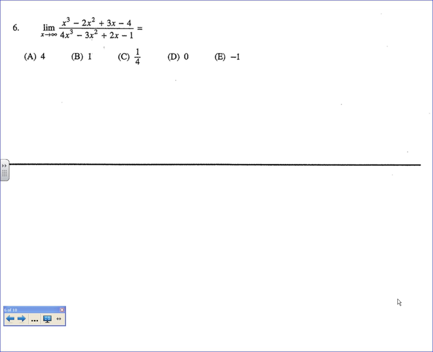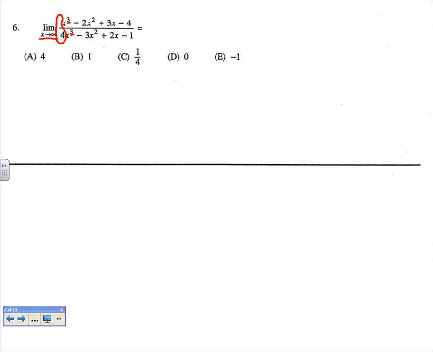Number 8 is a problem that, if you see one like this, is the quickest, easiest type of problem to do. We have a situation where the degree of the numerator equals the degree of the denominator, and whenever x is getting very large, eventually you're going to go toward the coefficients of the lead terms.